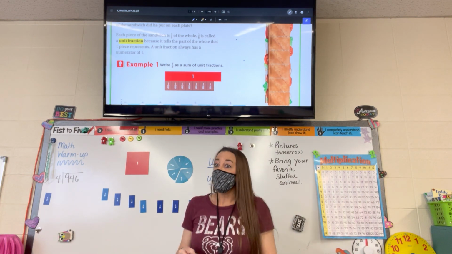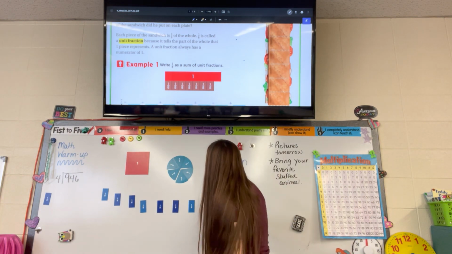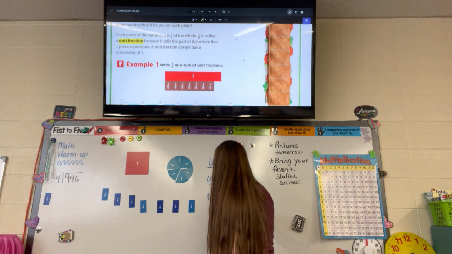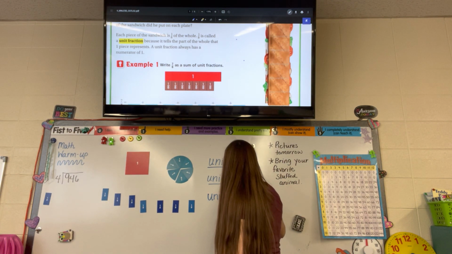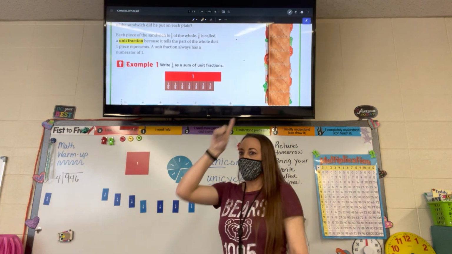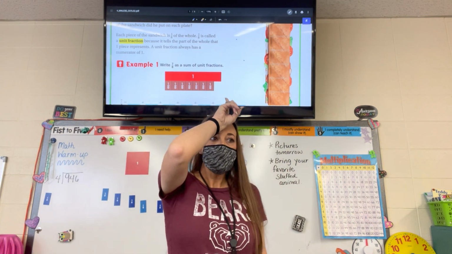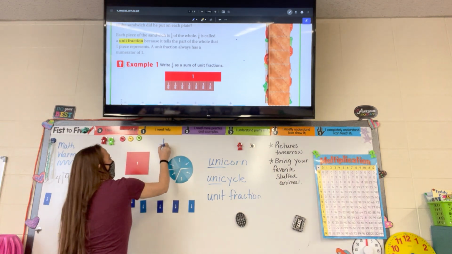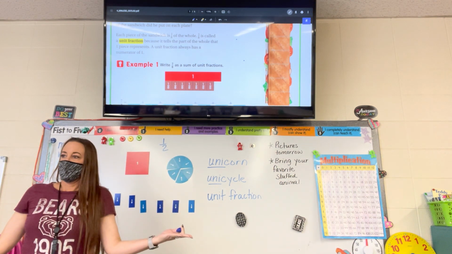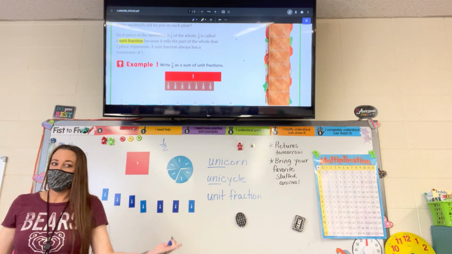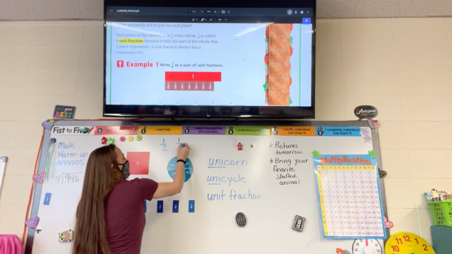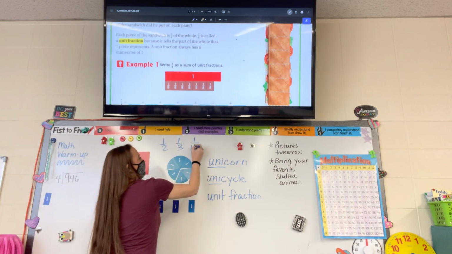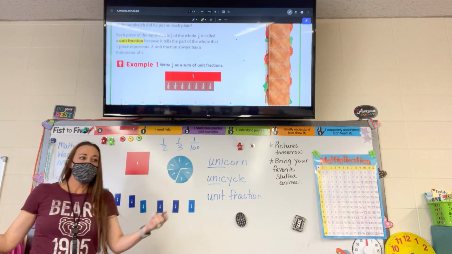I have 1 unit fraction. So a unit fraction, like a unicorn, has a 1 on top. So that means that 1/2 is a what? Unit fraction. 1/3 is a unit fraction. 1/100th is a unit fraction.